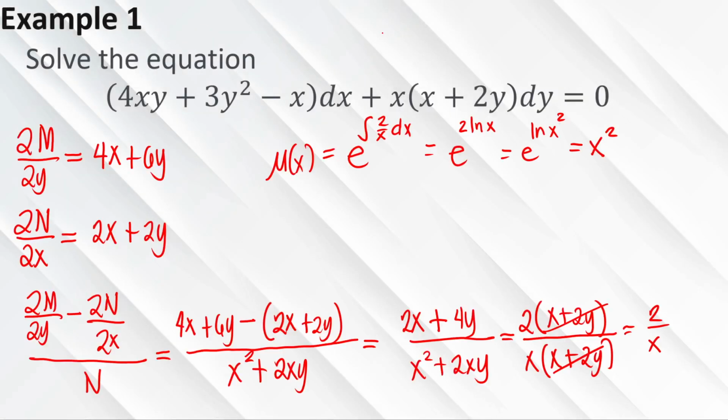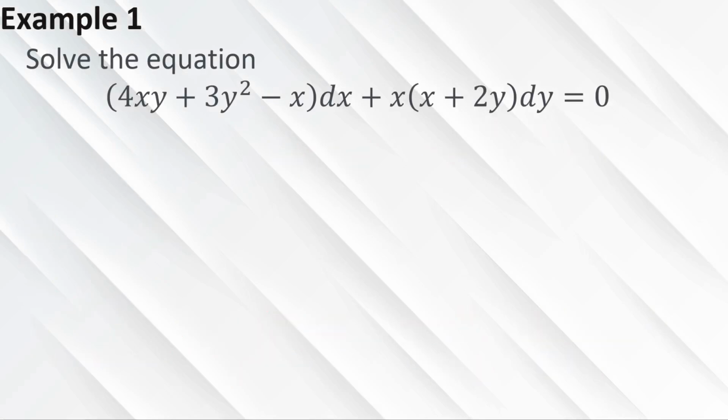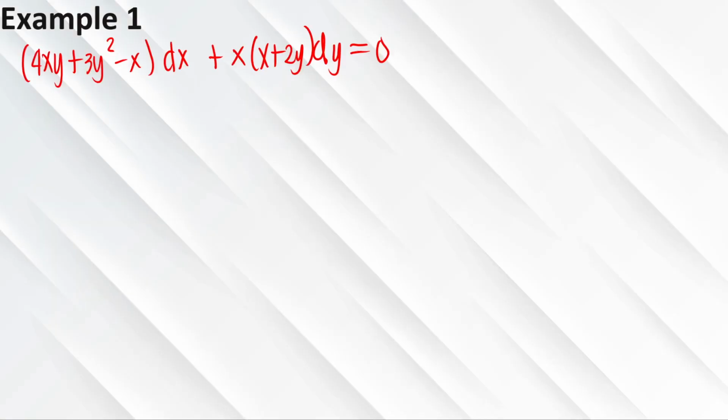Meron tayong 4xy, ito yung original na given, plus 3y squared minus x dx, plus x times x plus 2y dy equals 0. Magmumultiply tayo ng integrating factor natin na x squared. So, multiply natin lahat ng x squared. Siyempre, yung right side, 0 pa rin yan.